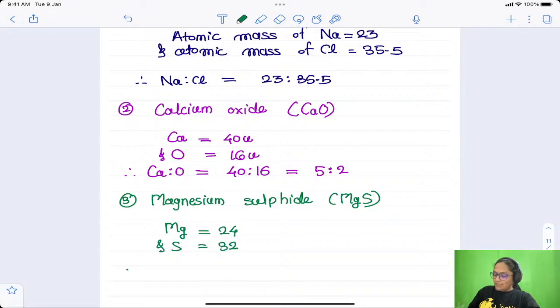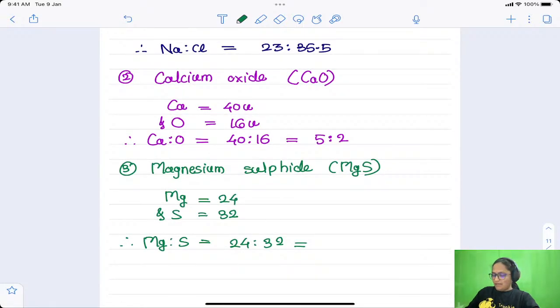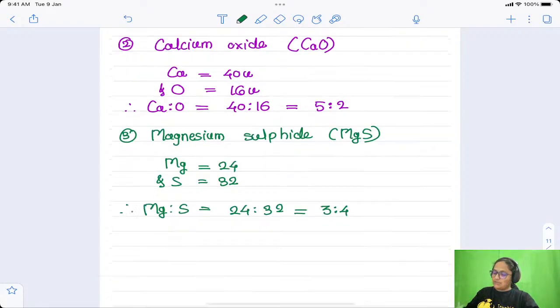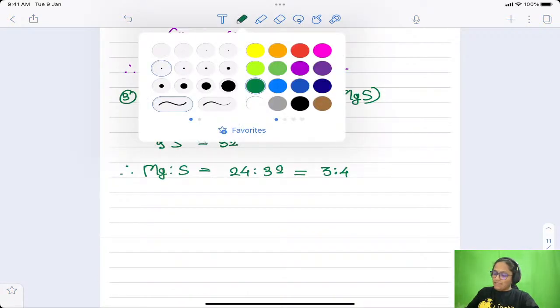Therefore ratio magnesium to sulfur is equal to 24 to 32. Again here, if I divide both the numbers by 8, it will be 3 to 4. Ratio is 3 to 4 for magnesium sulfide.